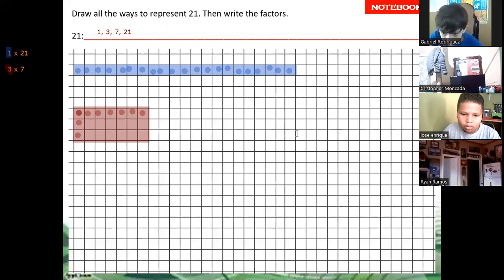So in your exam, you're going to have exercises like this. I can give you a model like this, and you have to say what the factors of this model are. Let me erase a part of this.